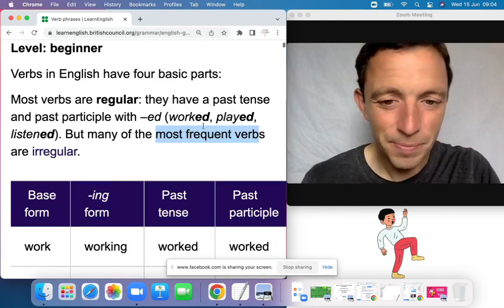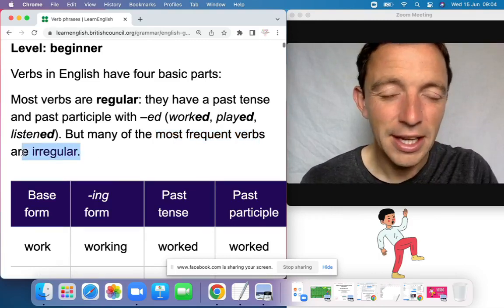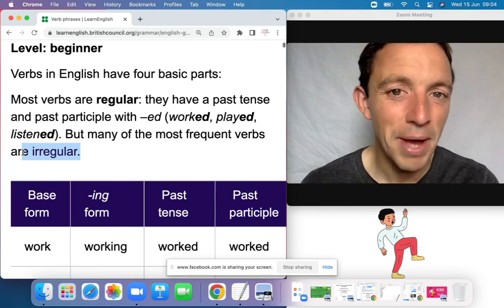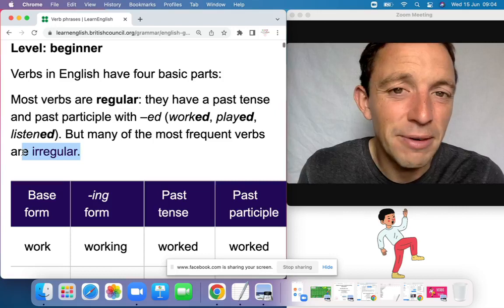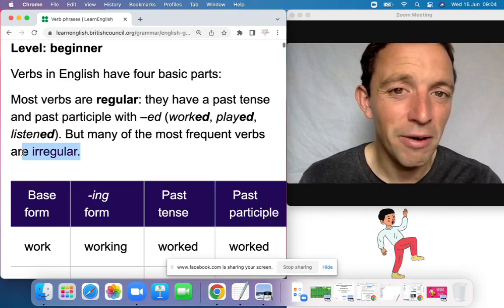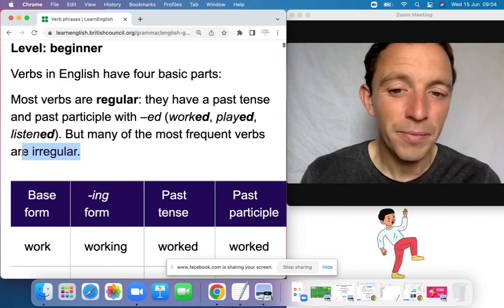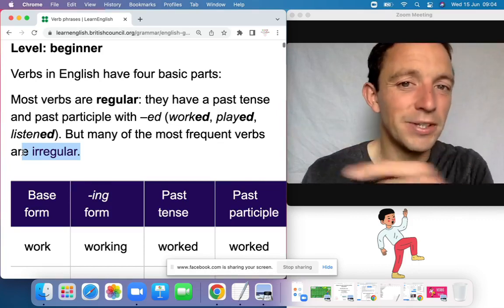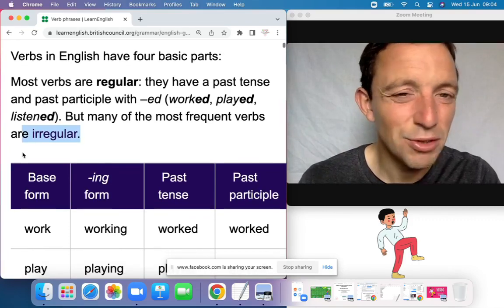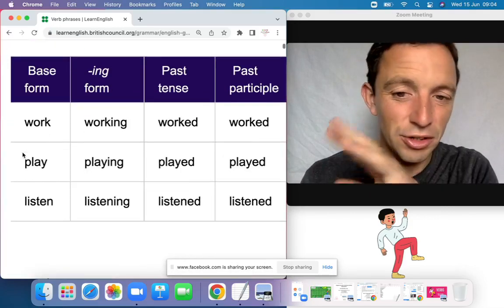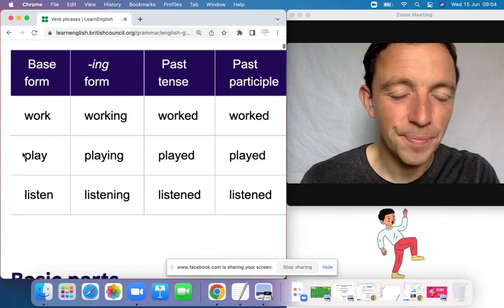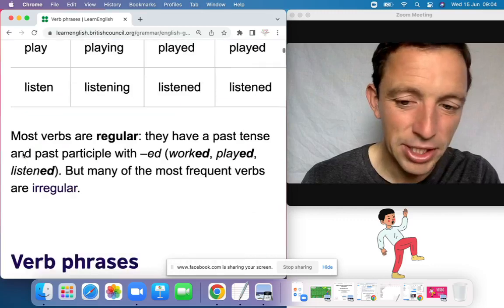Irregular verbs are difficult because it's necessary to remember all of the irregular verbs, and we have a lot of irregular verbs and a lot of very common, frequent verbs are irregular. So this is really important, the irregular verbs. So there are the three and four examples, and this is just repetition.